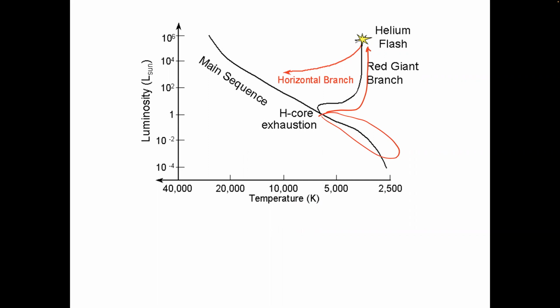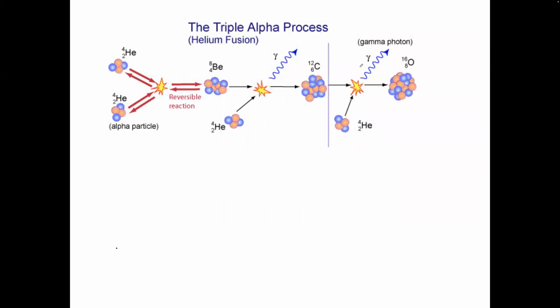Once the helium flash happens, the star becomes stable, and most of these stars have similar luminosities in this region. That is what we call the horizontal branch stars. And this is what actually happens inside these stars when helium burns.